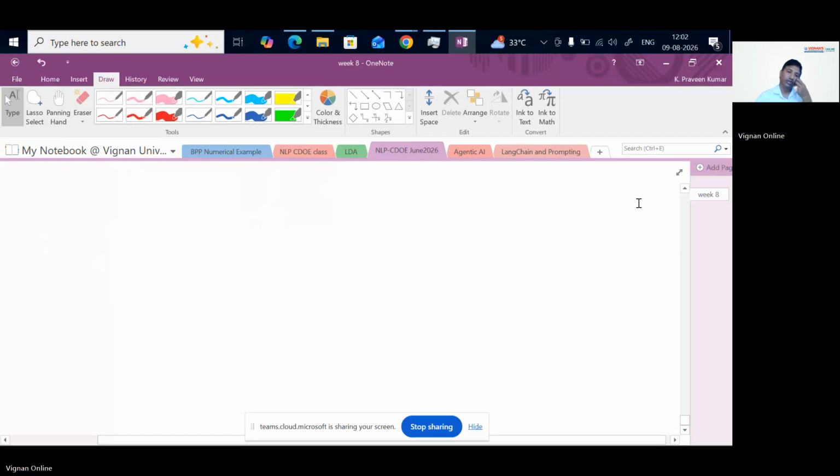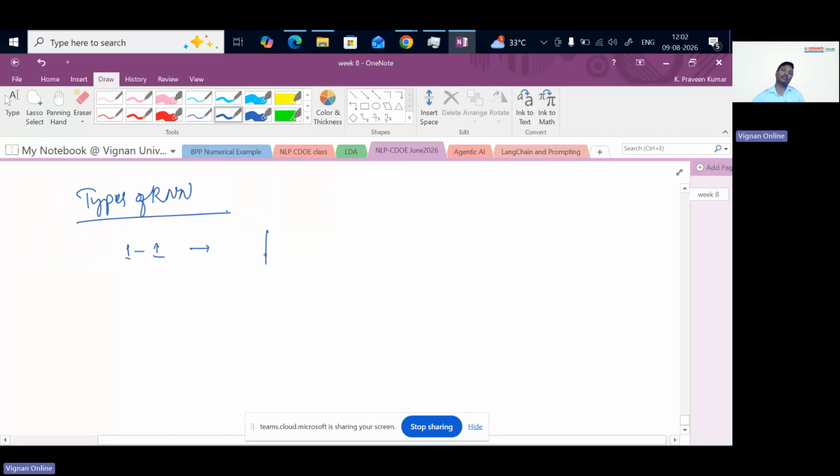Now we have understood what is RNN and what is the regression part. Now, types of RNNs. What are the different types available here? One-to-one is possible.